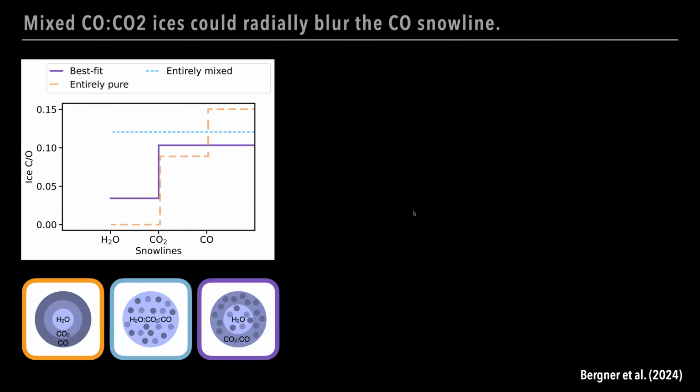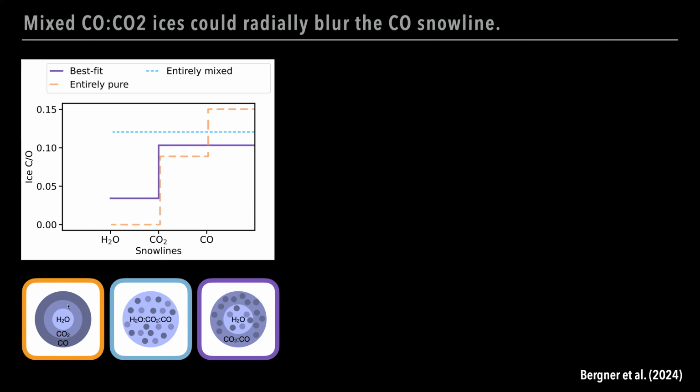So she actually modeled this. She took a series of different layered or mixed ices. This yellow one here is sort of the classic fit that we talked about. And if you have an entirely mixed ice set, you might not get any snowline features.